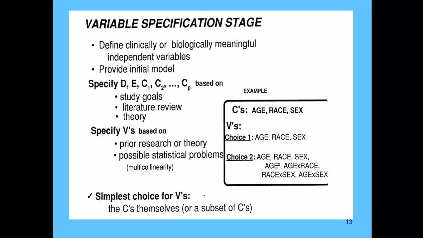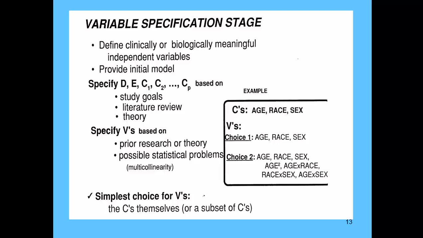Okay, and a variable like that might explain it because of biological considerations. So that's the C's. So you're starting off with D, E, and the C's. Okay, and then what we said, you then want to define an EVW model because that's allowing you to consider potential confounding and potential effect modification. And when you do that, the V's and the W's might be more complex than just the C's themselves.